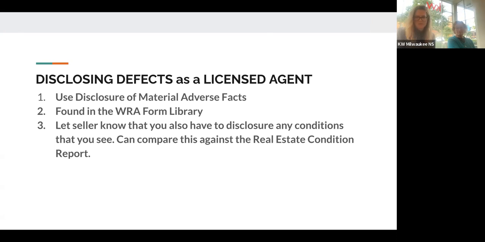The seller might use that as an opportunity to note that. It could be nothing of ill intent. It could be something they just didn't notice themselves. So just make sure you're doing those home tours and observing defects yourself as the licensed agent.